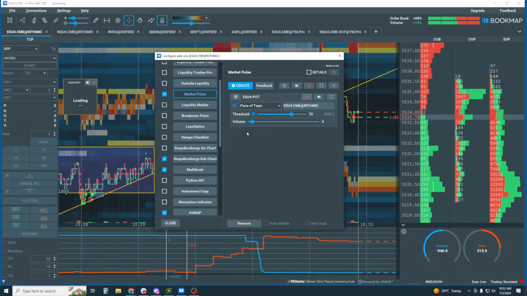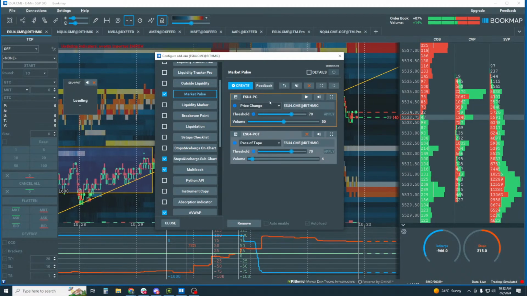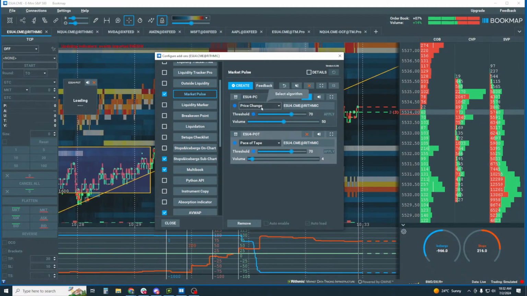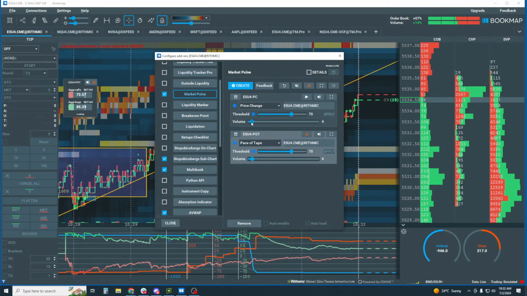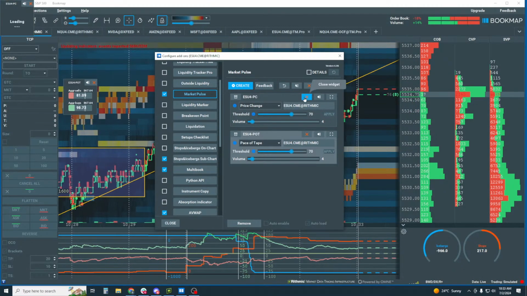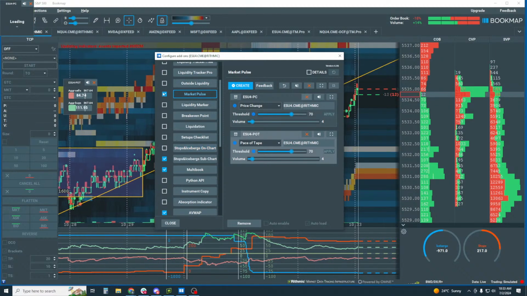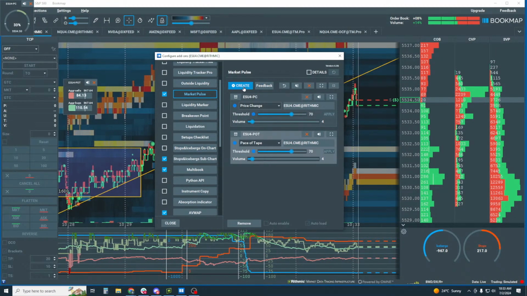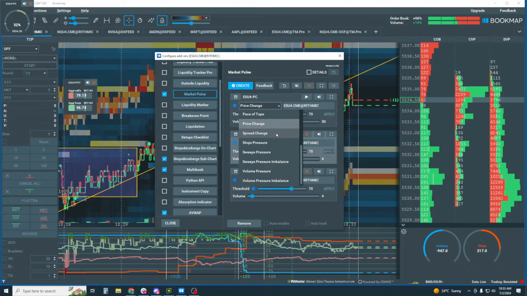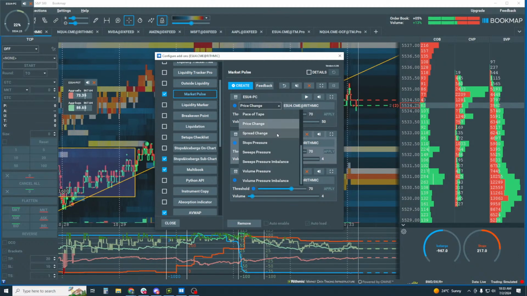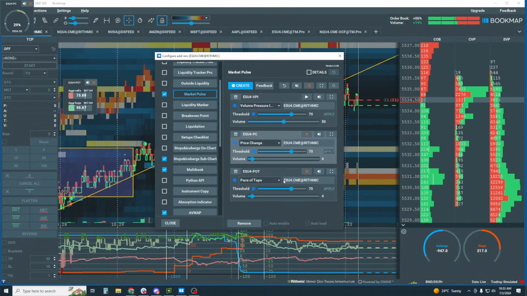All right, let's go. Let's add a couple more in here. All right, we've got price change, which is another good one. In fact, let's play that one as well. And we're going to add one more in here. We're going to look at the volume pressure imbalance.